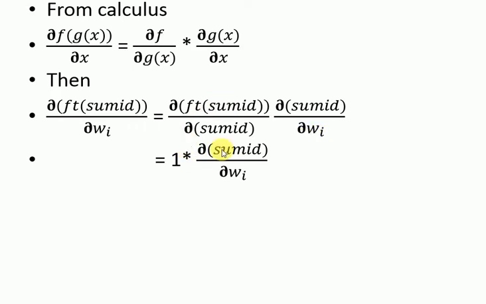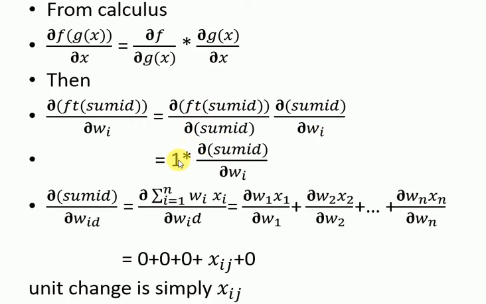So these two cancel and it becomes 1, into the sum of Id over w of i. So the differentiation of the sum of Id over wi, where the sum of Id is represented by this and the weights are independent, what remains is x of ij. So we get the unit, it is simply x of ij.